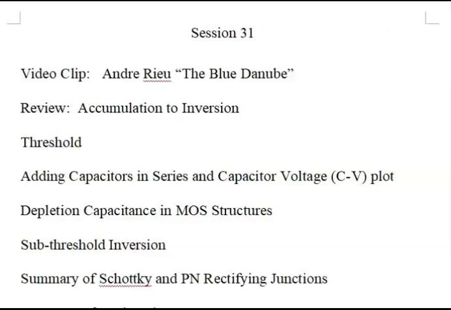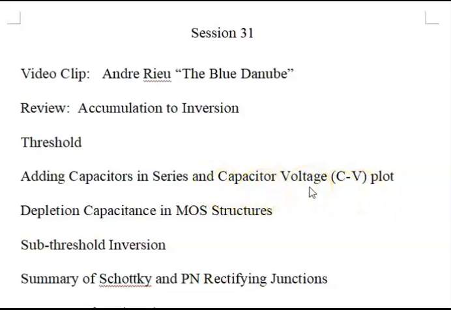Okay, welcome back, and here are the topics that we'll be covering in today's session. We're going to be doing a little bit of a review, talking a little bit about threshold, only qualitatively. We'll have a lot more to say about that in future sessions. Then we'll be discussing adding capacitors in series and talking a little bit about the CV plot, the capacitor voltage plot.